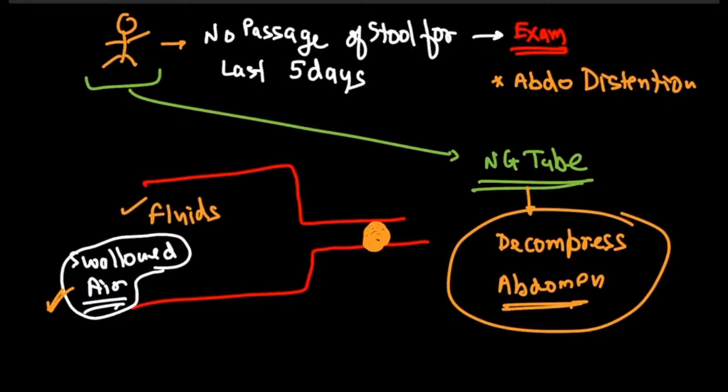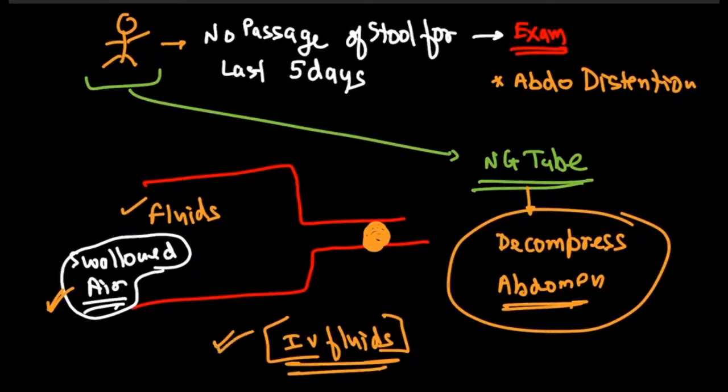That is the primary thing you need to do as a surgeon whenever you encounter a patient with intestinal obstruction. Along with this, you will start the patient on IV fluids, because the patient would be dehydrated because of the vomiting and everything. So you have to start the IV fluids as well.